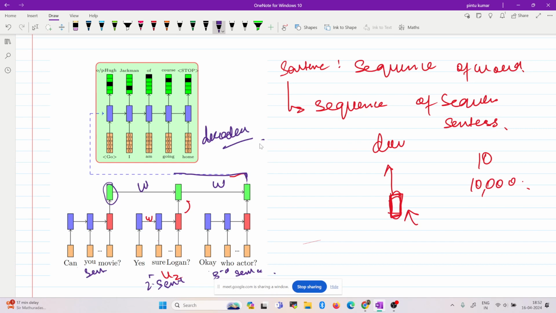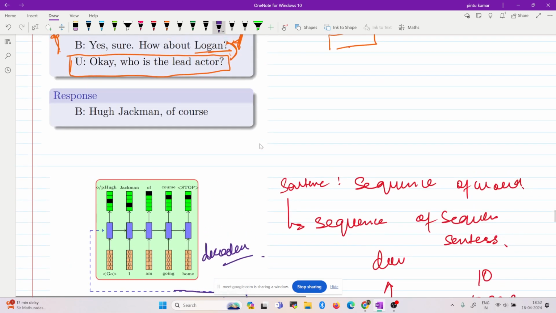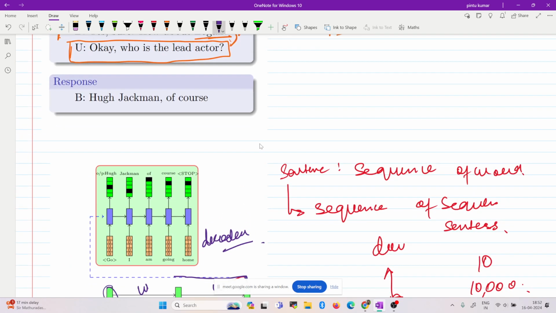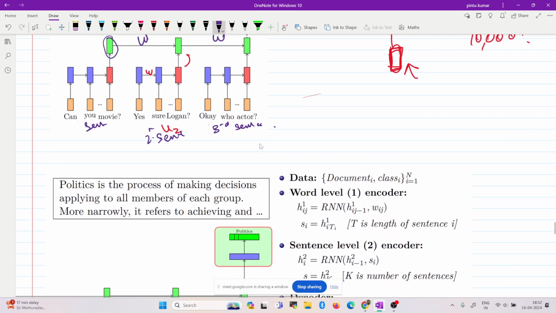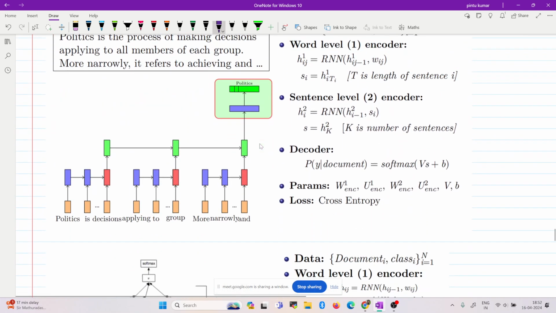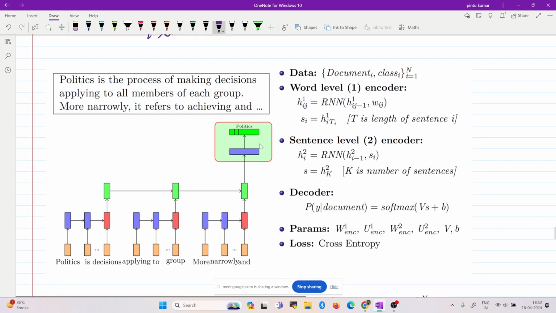Okay. So now this is a normal hierarchical encoder-decoder model. Now how do we do attention in this kind of thing? We'll look via another example. You have a large document, and you want to categorize it.